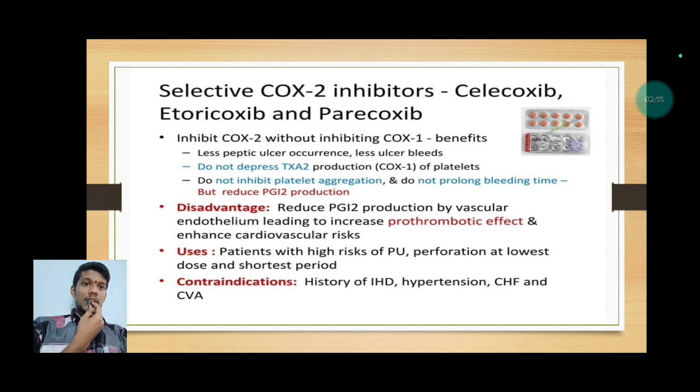They do not inhibit platelet aggregation and do not prolong bleeding time, but they reduce prostaglandin I2 production.